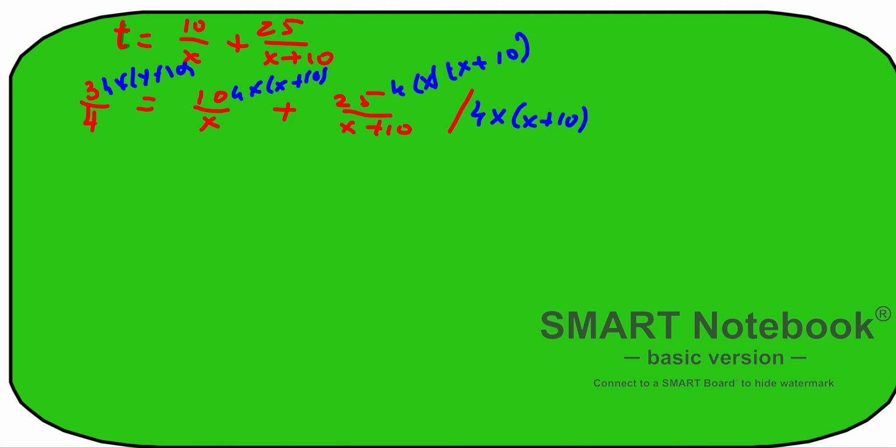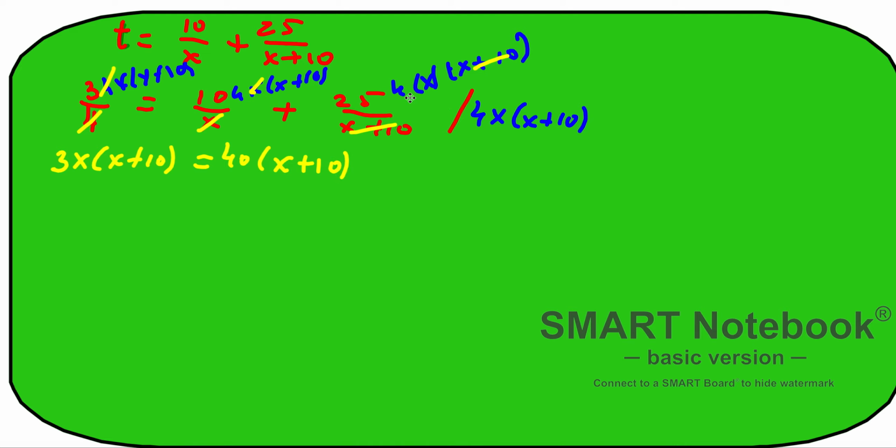I'm looking at what I can simplify. On the left side, the 4 and 4 simplify. In the first term, x and x simplify, and in the second term, x plus 10 and x plus 10 simplify. What remains on the left is 3x times x plus 10, which is equal to, on the other side, 10 times 4, which is 40, times x plus 10.